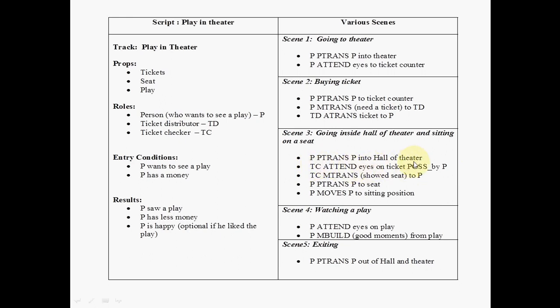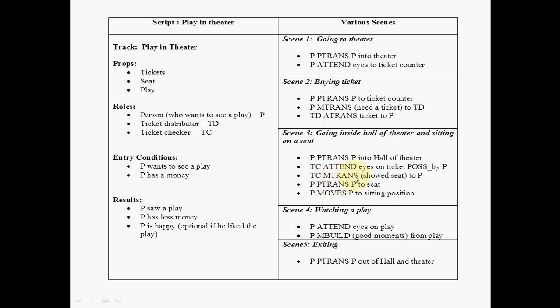After P goes into the theater, there is a ticket checker inside. He attends his eyes on the ticket, and the ticket is possessed by you, the person who wants to see the play. So ticket checker attends his eyes on the ticket possessed by P. Then ticket checker M-trans.